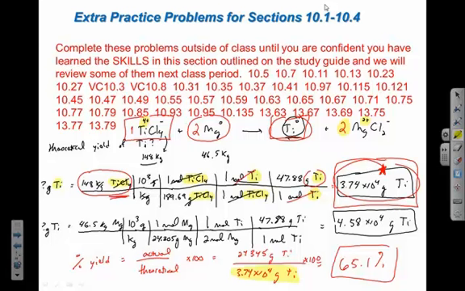So if I somehow measured more grams of titanium in the end than the maximum amount I could have possibly made, that's not possible. I can't get more than I could possibly make.